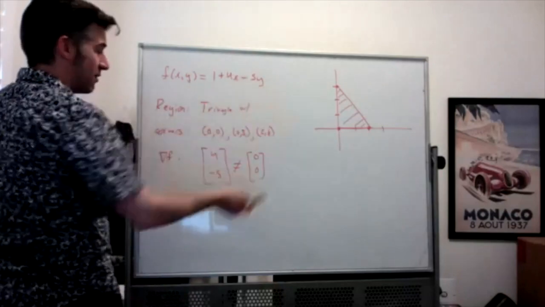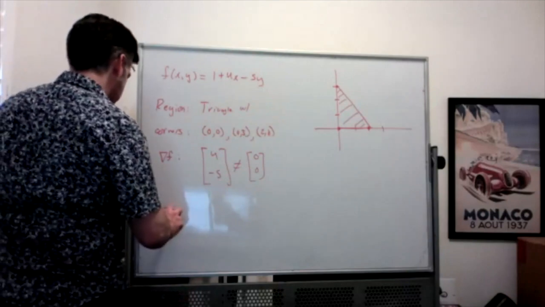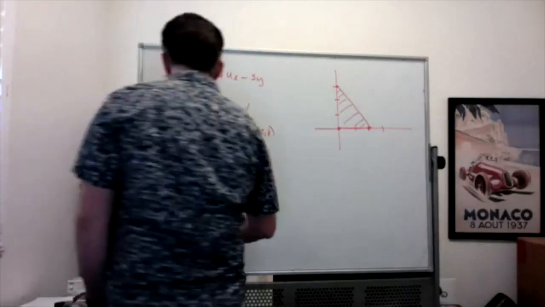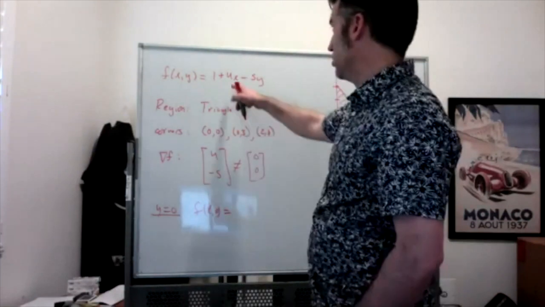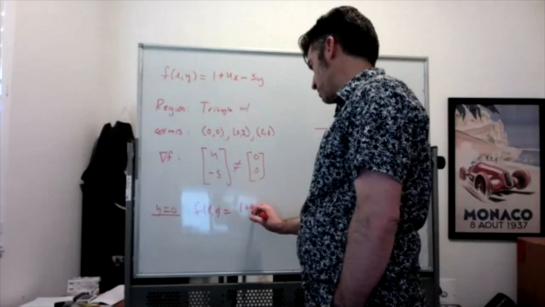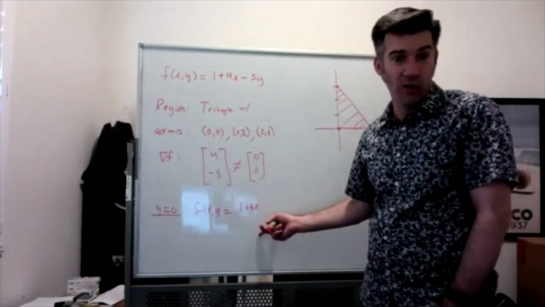Similarly, if we look along any of the walls, we're not going to have that either, right? So along y equal to 0, we're going to have the equation f of x comma 0 equal to 1 plus 4x, which again doesn't have any critical point. If you take this derivative, it's 4.